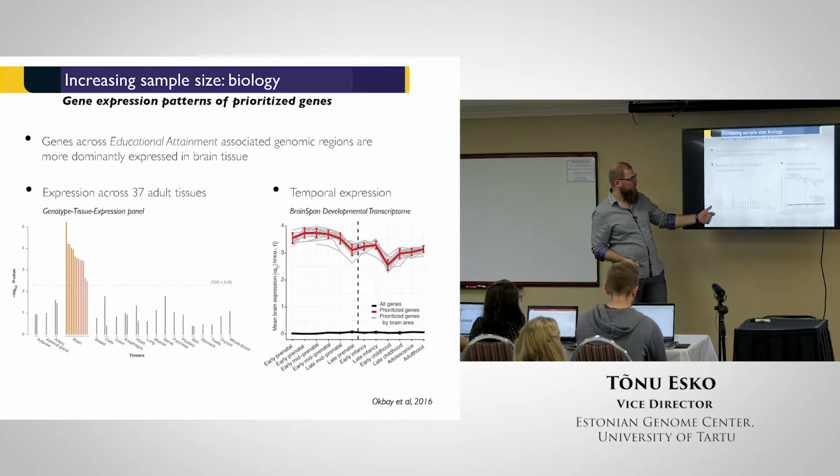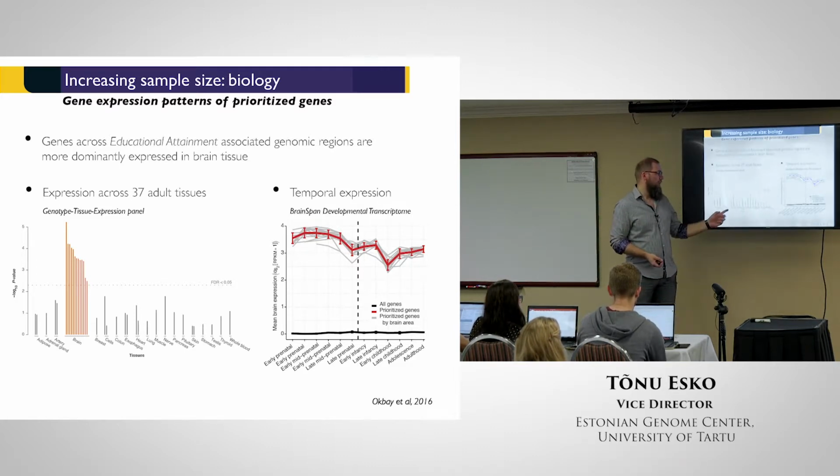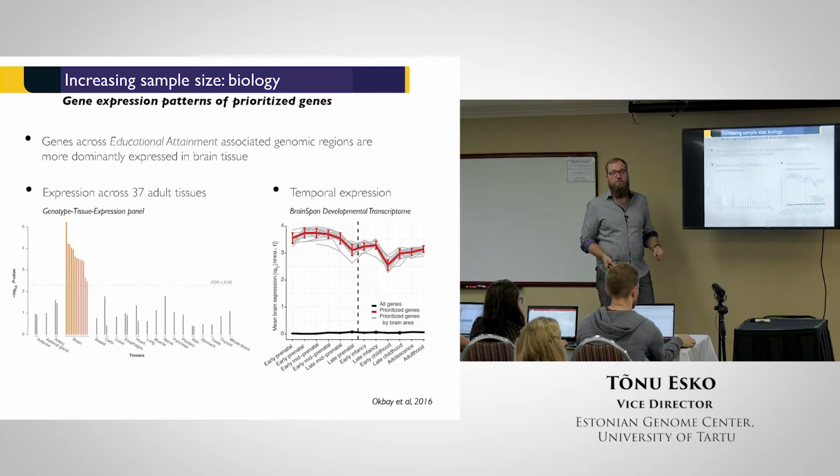There you have all the different tissues, and there is brain, different regions of brain, and basically you get enrichment for the educational attainment loci only for brain regions.